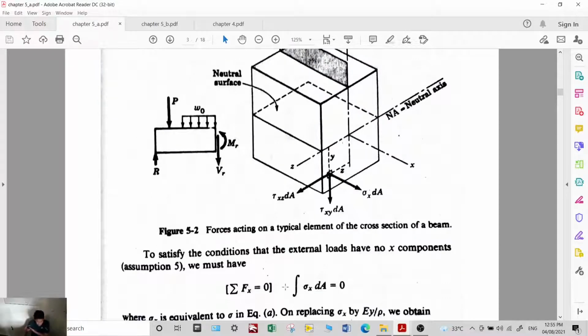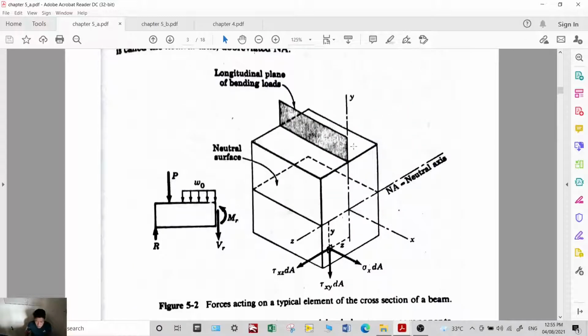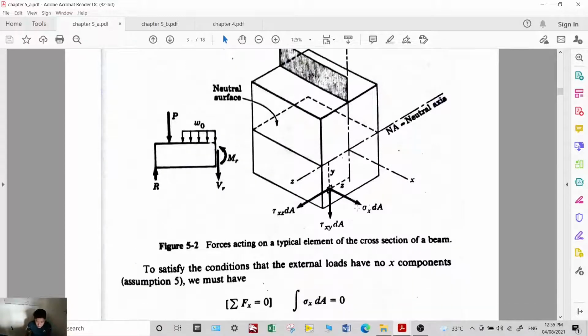So the summation of forces along x, based on the diagram, the only force available along x is sigma x dA, the normal force, normal to your area.